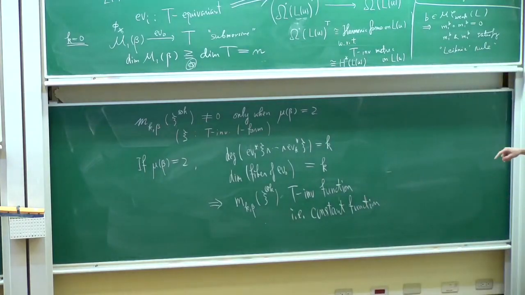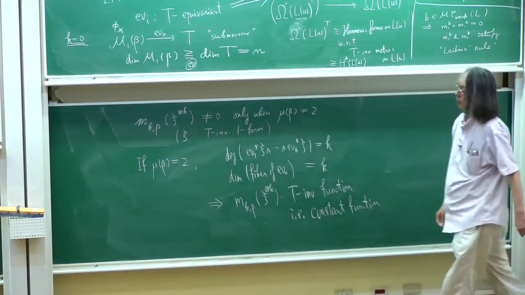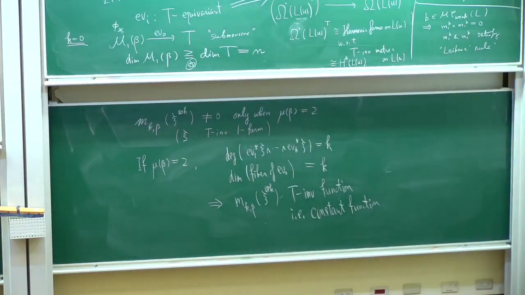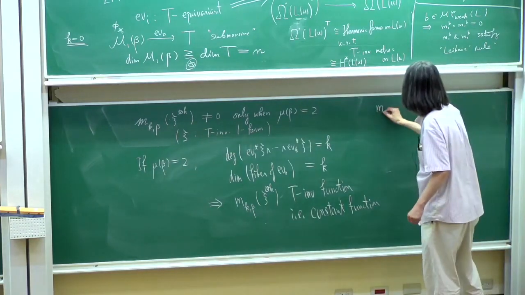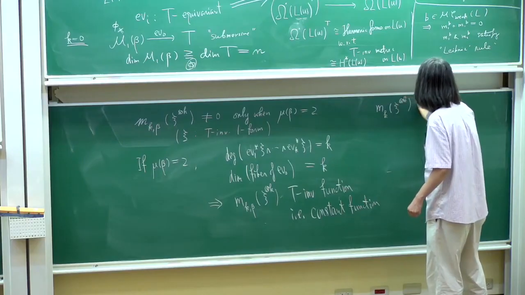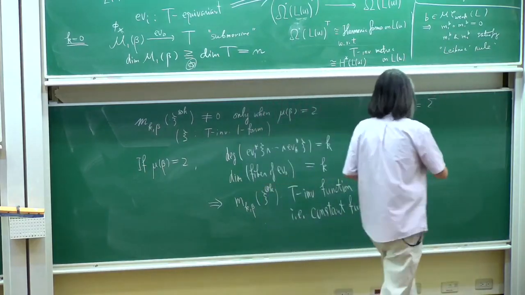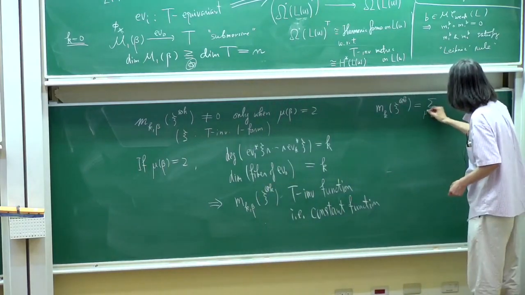But in this case, actually 1 is a unit of this infinity algebra. So therefore, this one is in fact just proportional to the unit, right? So this mk psi tensor k is equal to the sum, yes, equal to the sum over beta with mu beta equal to 2.